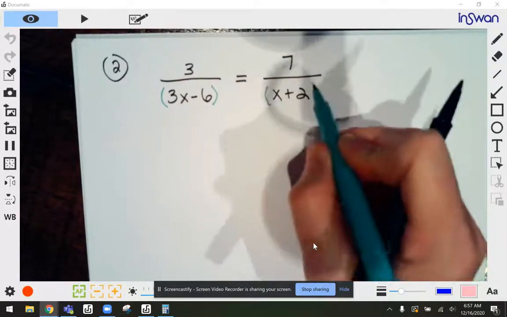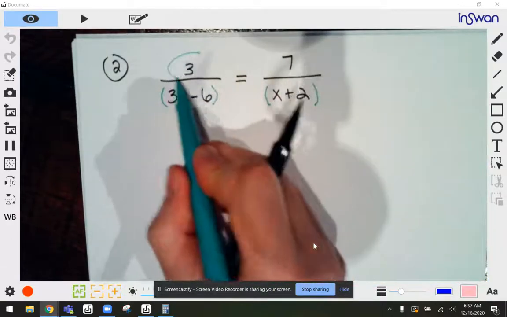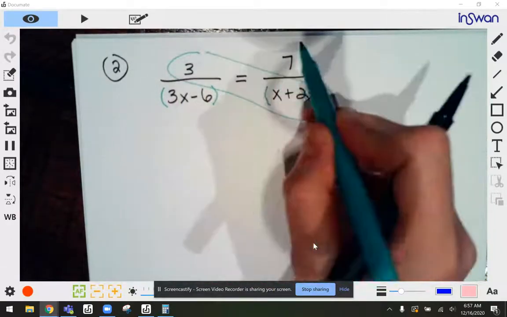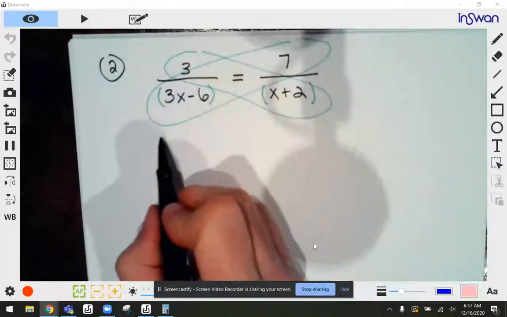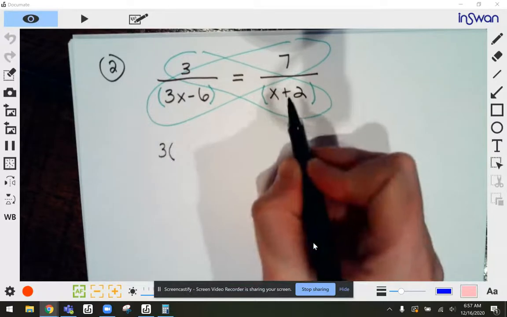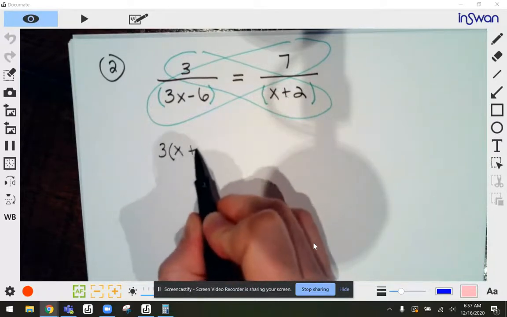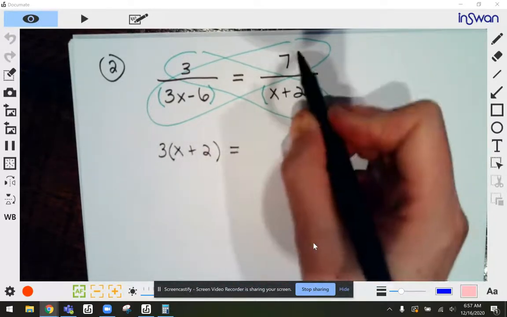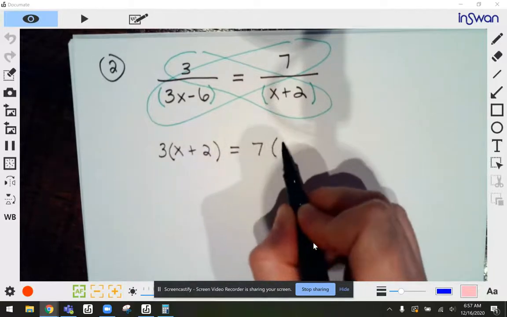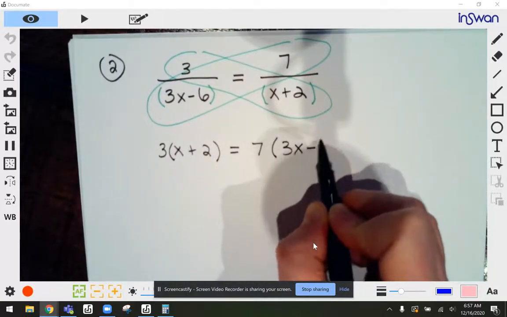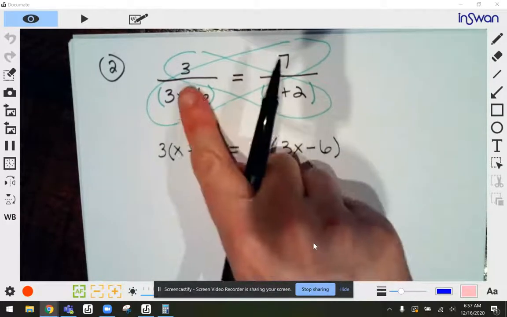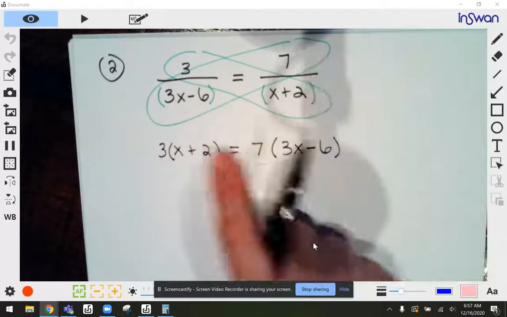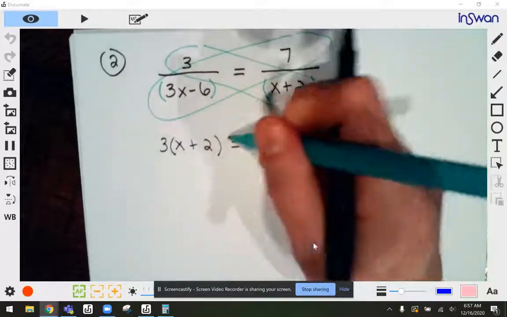These both have multiple terms. Then cross multiply to set up your equation. So here we have 3 times parentheses x plus 2. And here we have 7 times parentheses 3x minus 6. Remember, order doesn't matter when we're multiplying, so we can stick those numbers at the front so it looks like a normal distributive property for us.